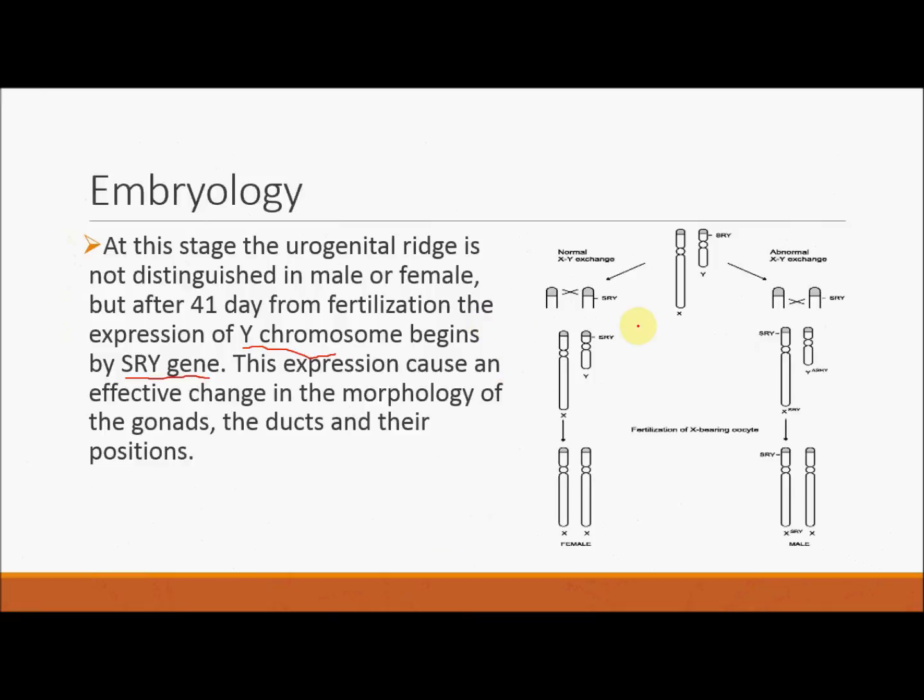As we can see, the SRY is over here, at the cap of the Y chromosome, and X doesn't have that. And so when fertilization occurs, the SRY starts to get expressed, and it will differentiate into male.